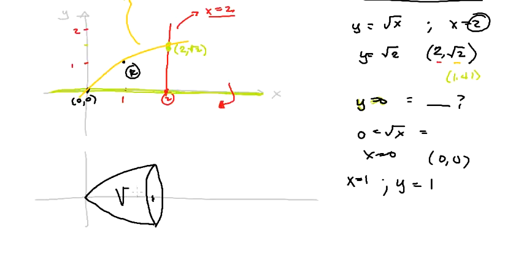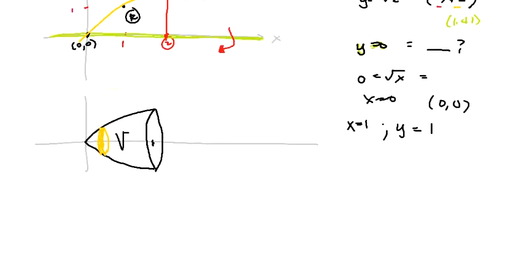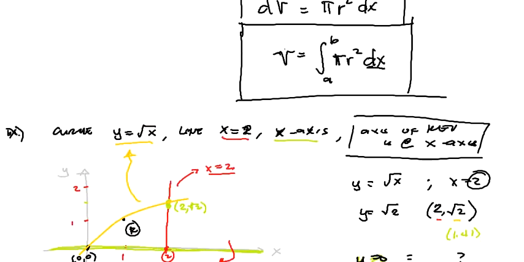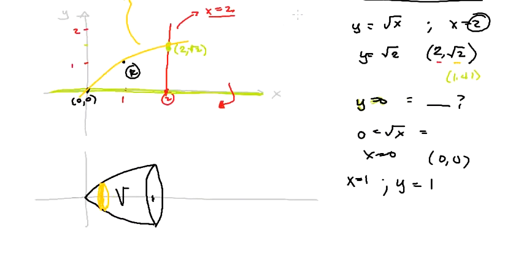So we need to determine this V. Okay, and let's take a small strip here to represent our disk. Then applying our equation, V is equal to the integral of pi r squared dx from a to b. So this thickness is our dx, and this part here is our r.